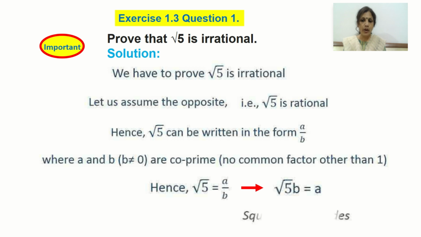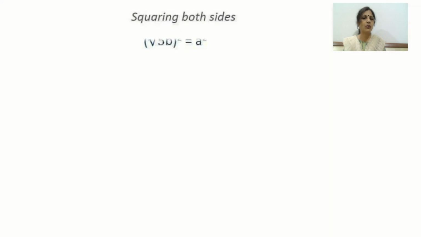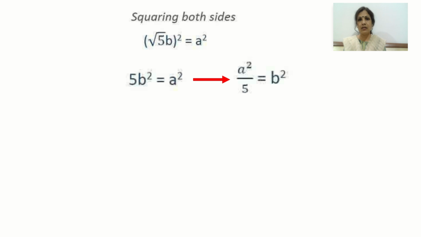Now taking the square of both sides, what do we get? When we square both sides, we get square root 5 b the whole square is equal to a square. That will give us 5b square is equal to a square. Alright, I can write it in this manner: a square upon 5 is equal to b square. I have shifted this 5 to the denominator of a square. So what does this statement say?